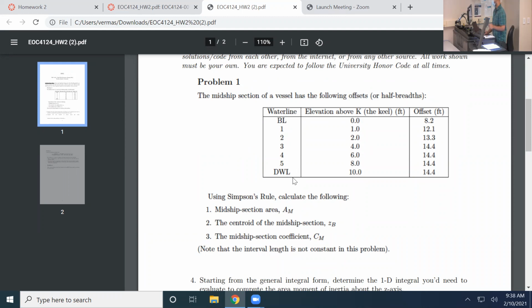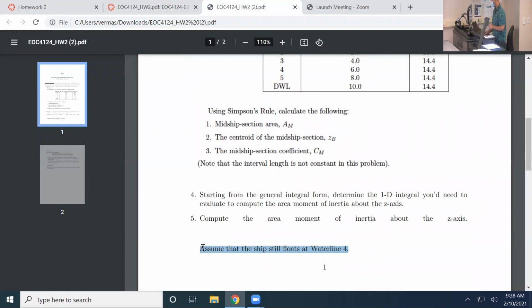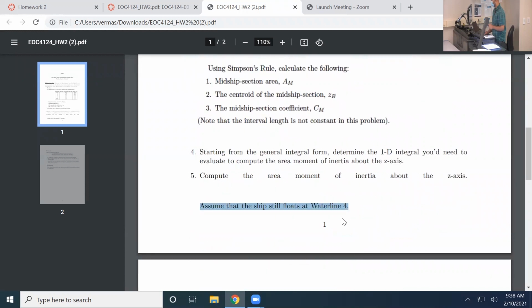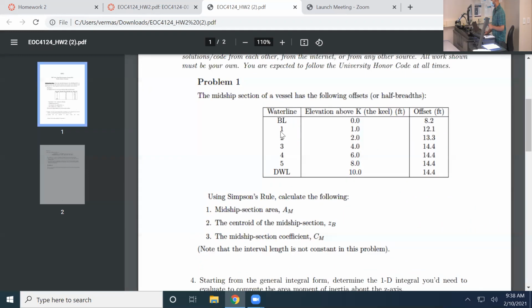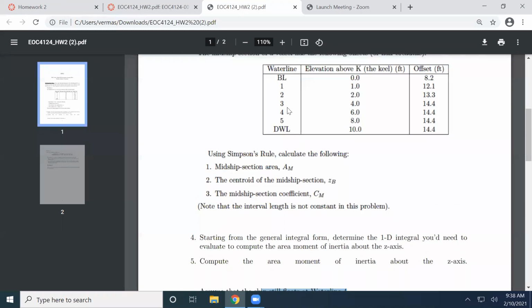DWL is the design waterline. Then what do you mean by WL5 or 4? That's this part: assume that the ship floats at waterline 4. At that particular instance, the ship is floating at waterline 4. So that would be 0.4 on there. Correct. Okay, got it.